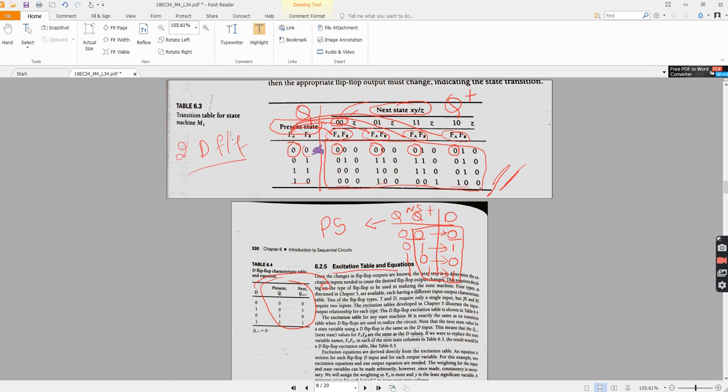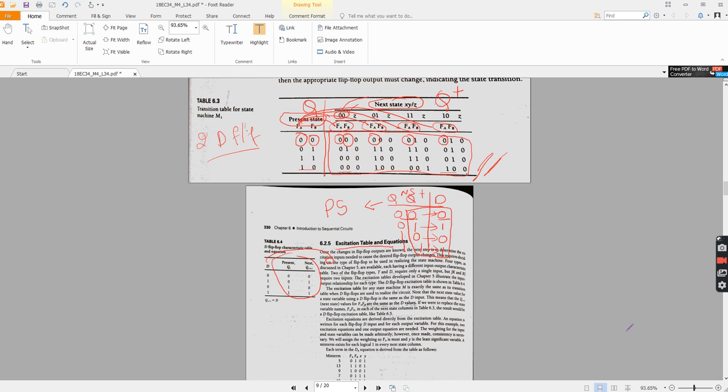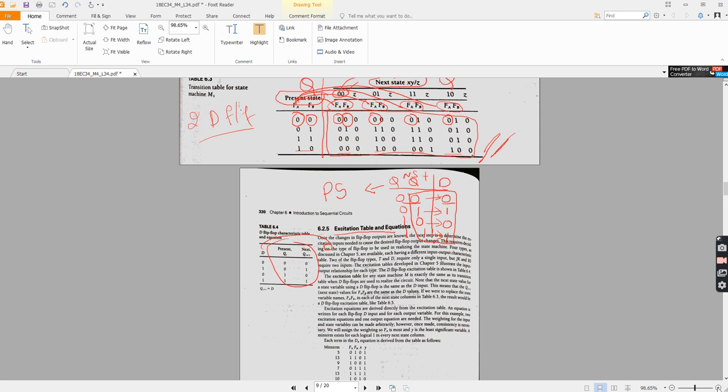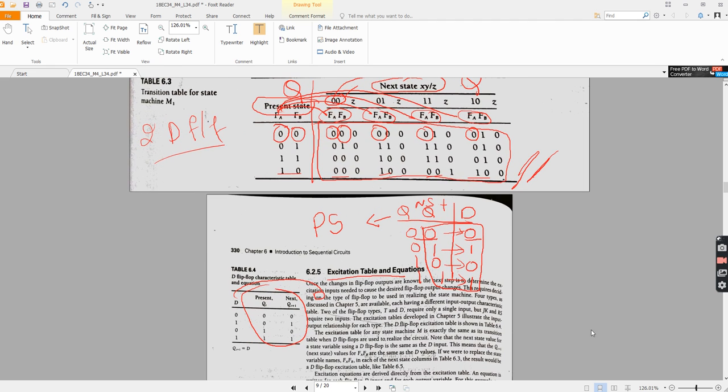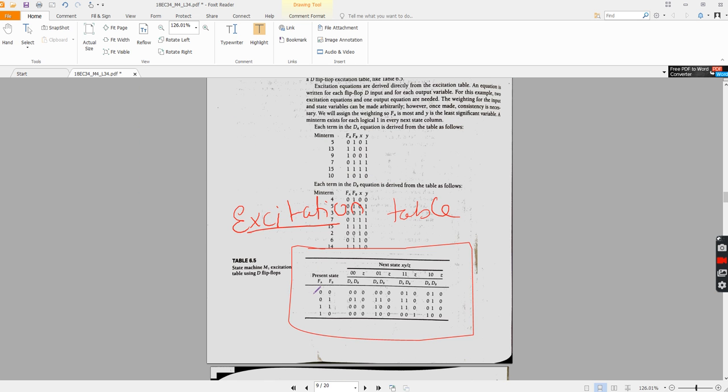Now FB. We compare this FB with the second, the first FB. What is the present state? It is 0. What is the next state? It is 0. What will be DB? 0 only. I will better show this to you. Here, are you able to see? Instead of FA and FB, I have written DA and DB here.